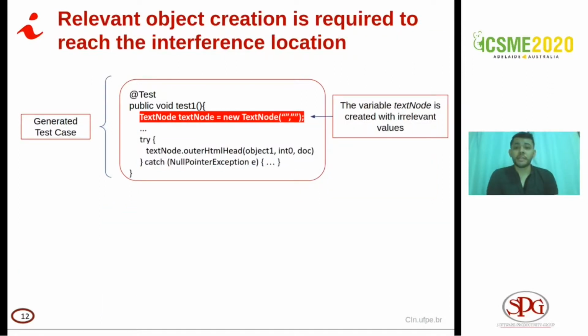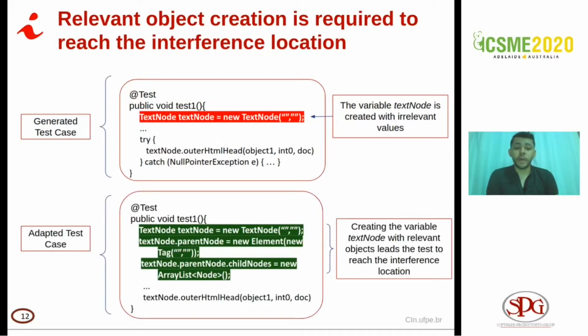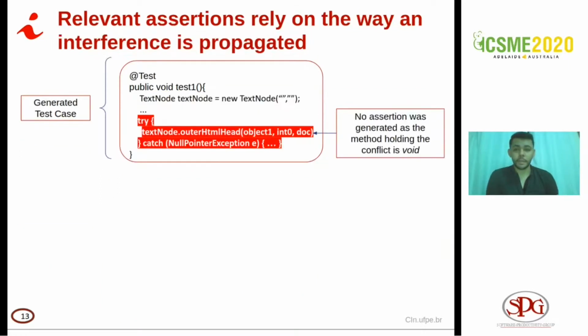In this other case, the object holding the semantic conflict was created with irrelevant values, highlighted in red. As a result, the interference location of the semantic conflict could not be reached during the test case execution. Creating the object with relevant values, highlighted in green at the bottom, is required to at least reach the interference location in this case.